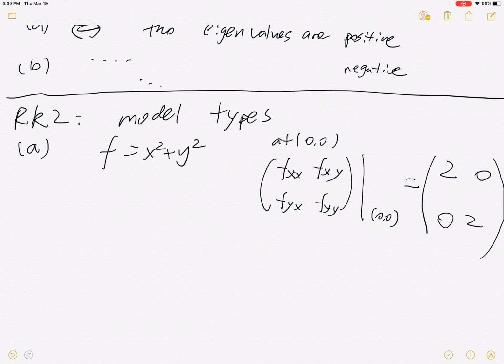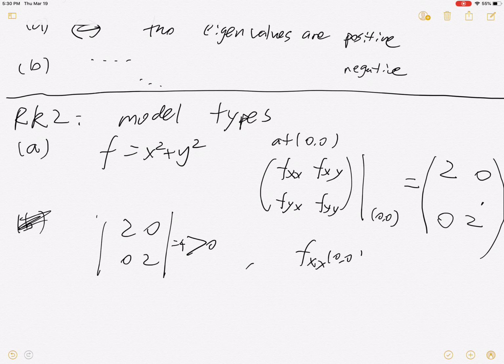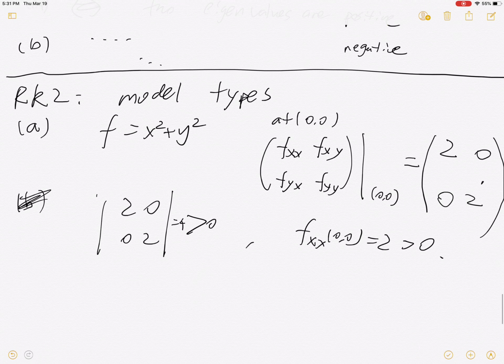If you want, you can ask me or just do it by yourself. Not that difficult. And look at the criterion. If you take the determinant of this matrix, you have 4, which is positive, and f_xx is positive, then A applies.